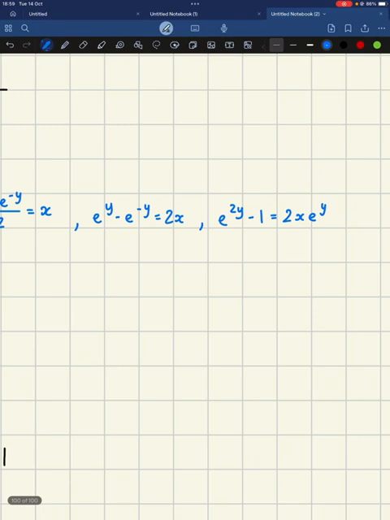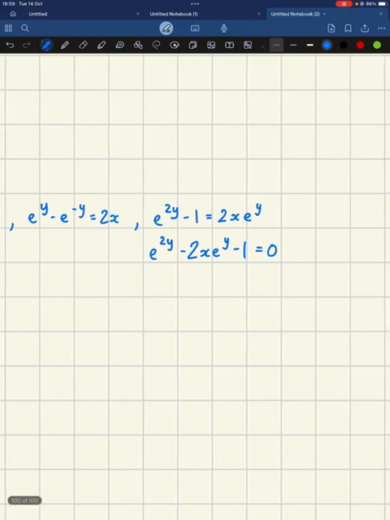Now we can get a quadratic from this. Subtracting 2x e to the y from both sides, we get e to the 2y minus 2x e to the y minus 1 equals 0. You could use the quadratic formula, but it would be easier in this case to complete the square.